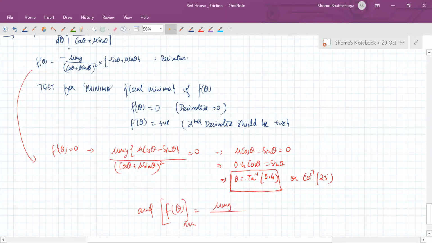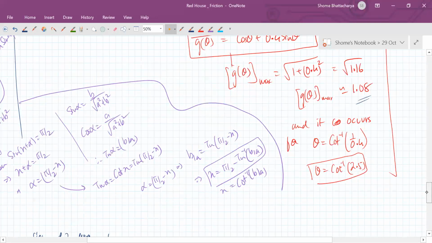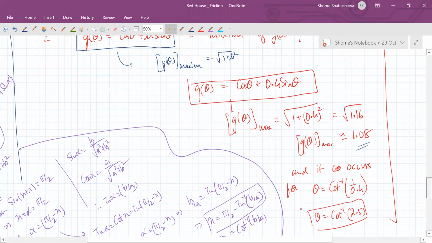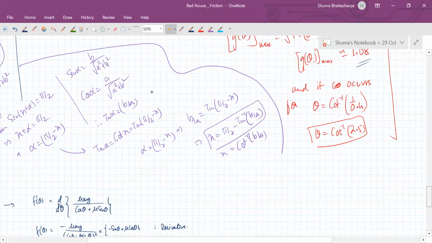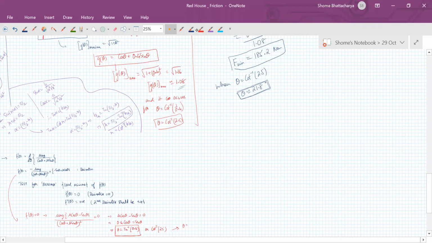So we'll have to calculate this theta. On calculating this theta, you will get that theta is what we got above. What was the theta we had got? Yeah, 21.8 degrees. So we'll get that same thing here.